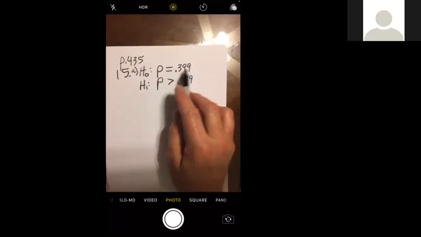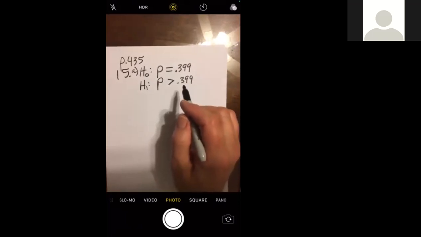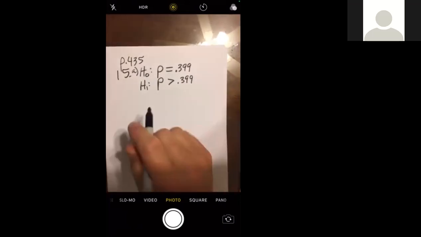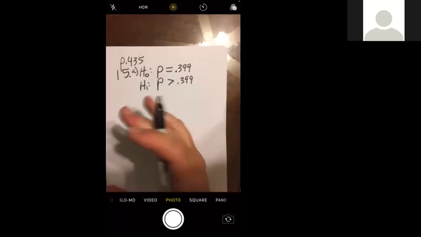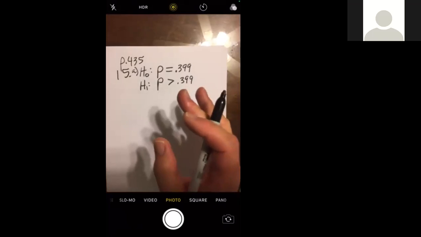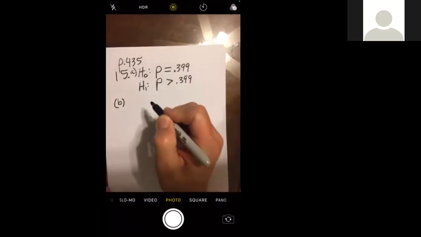But a lot of the problems they start off with it. Then they say there's a new survey done. You get this result. Test at this significance if this is different. See, if there's a significant difference, then you might want to do something about it. If there's not a significant difference, it's like, oh, who cares? The old fact must still be valid. Okay, part B was explain a type 1 error.